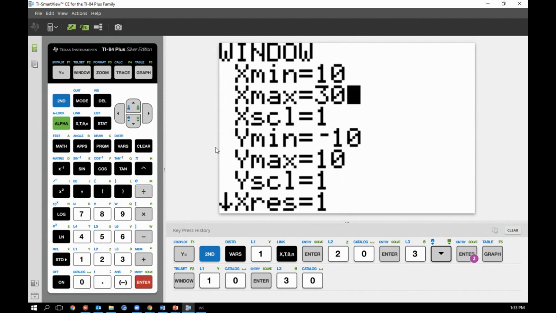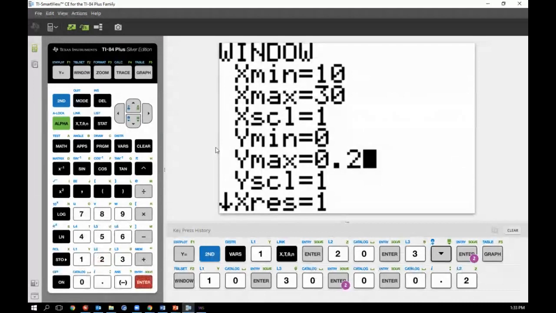Don't change that. So Y minimum, I think it said 0. Okay. Y maximum is 0.2. Now let's try graphing and see if we can see something.